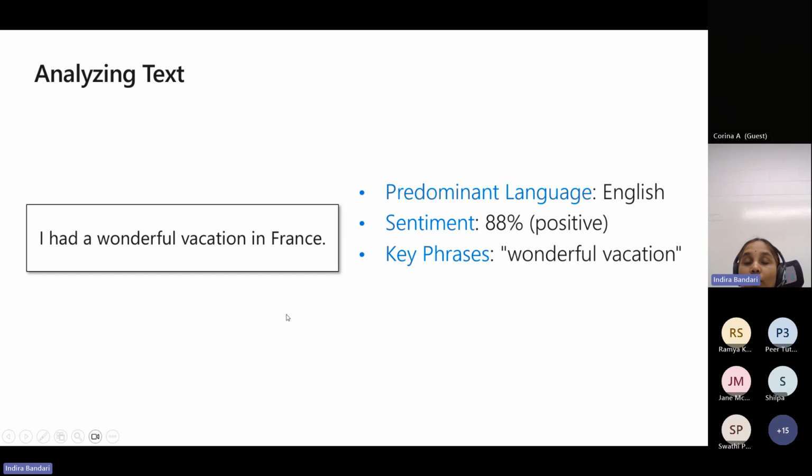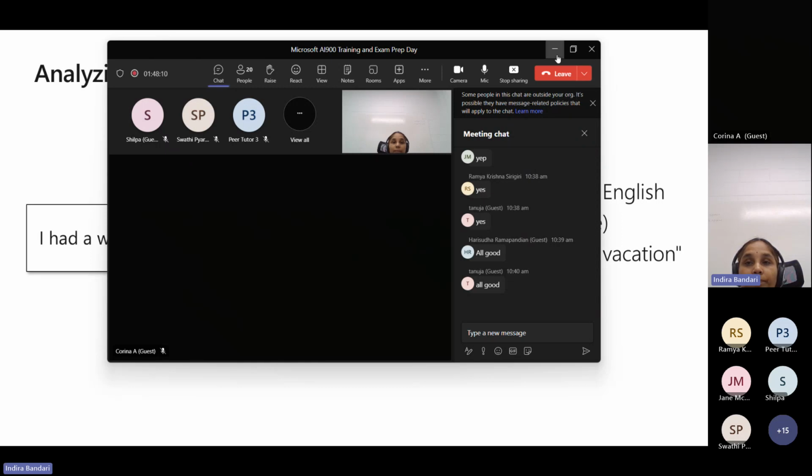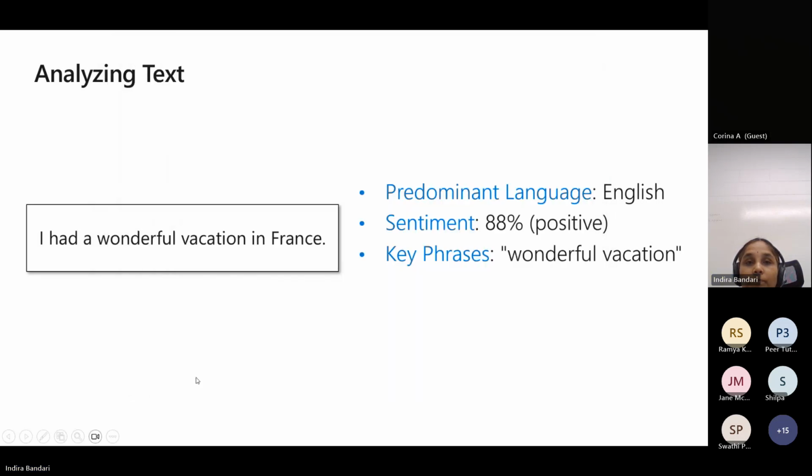And entity, what can anyone say what the entity is? Can anyone say what the entity is from this sentence? Guess. Nothing wrong in guessing. I want one of you to answer.